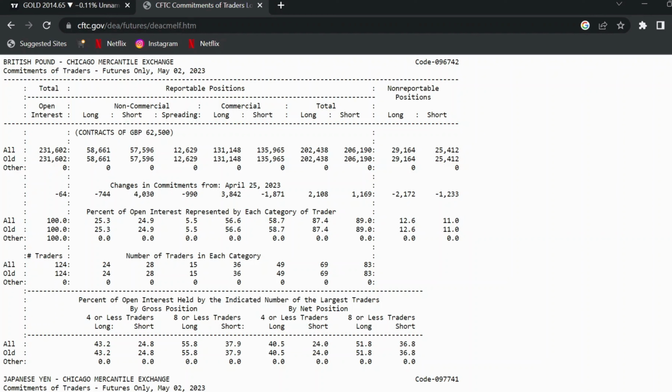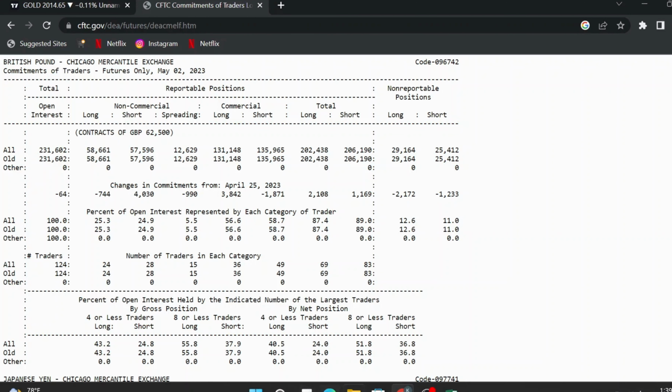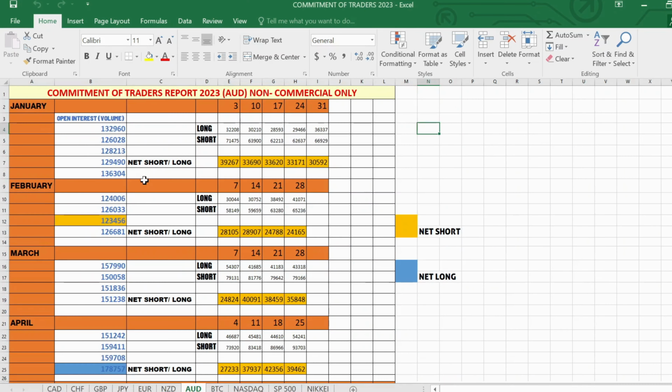And this is by looking at the open interest. As you can see, in my COT analysis, the very first column is the open interest or volume.